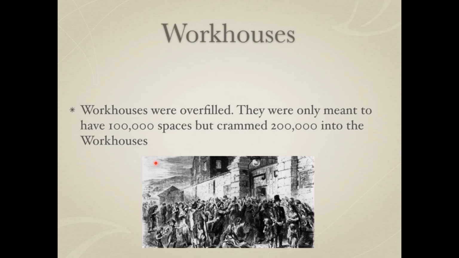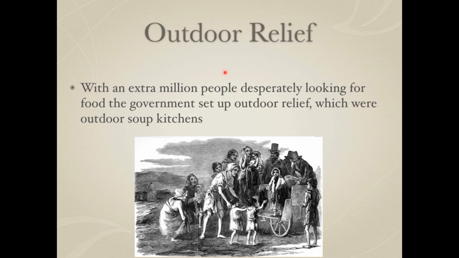So they were double their capacity by 1847. Now later on in 1847, the government set up outdoor relief. So with an extra million people desperately looking for food, the government set up outdoor relief, which were outdoor soup kitchens to try to feed the population.